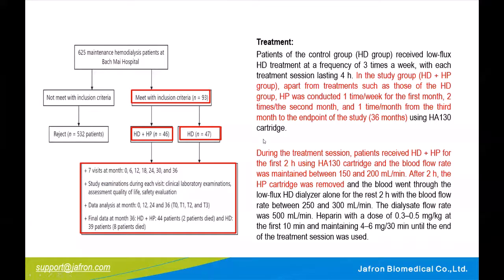And they used the X-ray-130 hemoperfusion cartridge to combine with the hemodialysis.